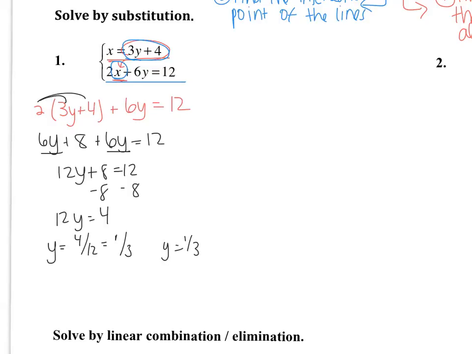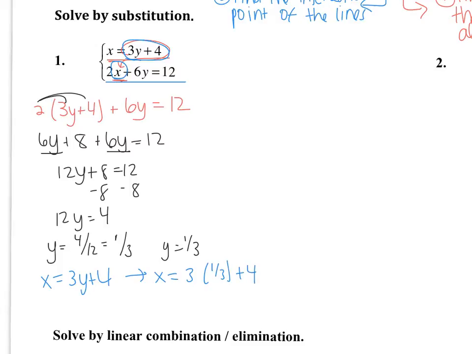Now I need to solve for x. Hopefully you remember you can use either equation. But my first equation is already x equals, so that's the one I'm going to use. It's x equals 3y plus 4. This is helpful because I'm looking for x. So x is 3 times 1/3 plus 4.